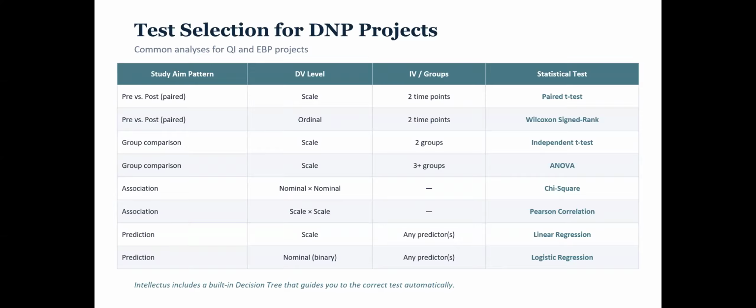So chi-squares are common, and then I would say maybe the Pearson correlation. I have two scale variables: as I increase the dose of whatever blood pressure medication, is that related to my actual blood pressure? And I will touch on a decision tree that will help you get there as well.